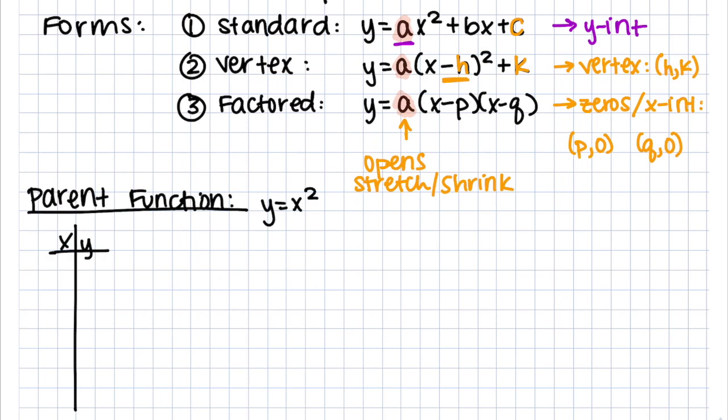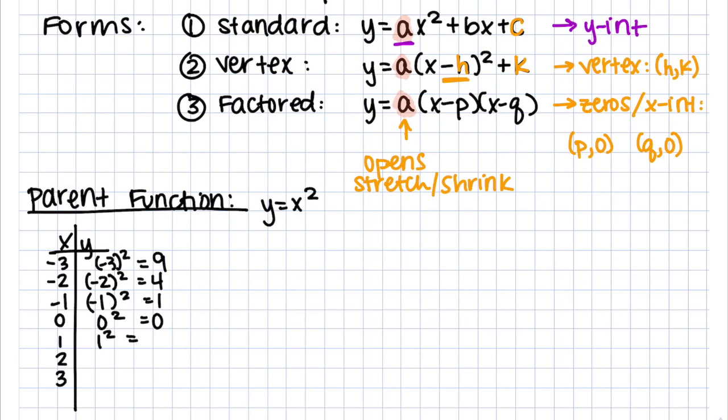If I plug in -3, -2, -1, 0, 1, 2, and 3, and I say what's -3 squared, I need to include that negative inside, and so that gives us 9. -2 squared is 4, -1 squared is 1, 0 squared is 0, 1 squared is 1, 2 squared is 4.